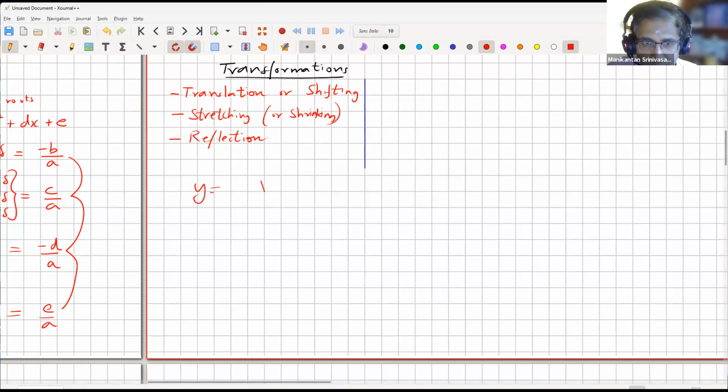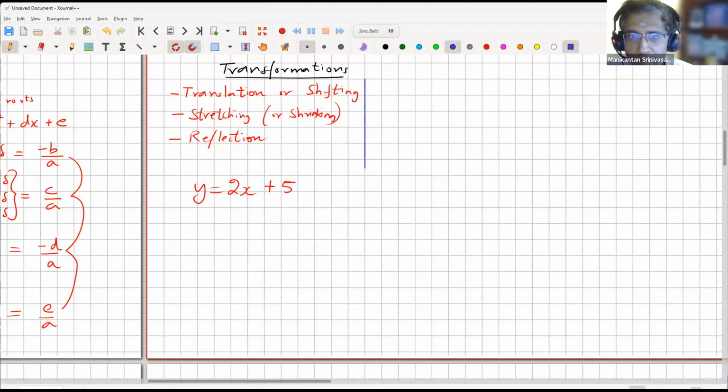I said y equal to 2x plus, whatever, doesn't matter. So let's say 2x plus 5. That's your y equal to 2x plus 5. Now this is your initial f of x. Now if you do f of x plus 2, that's translating up by 2 or shifting up by 2.